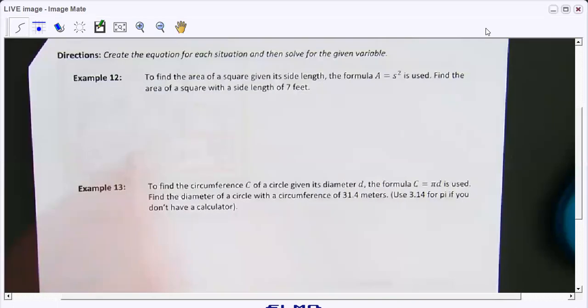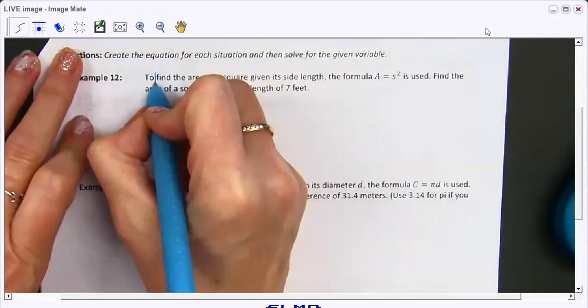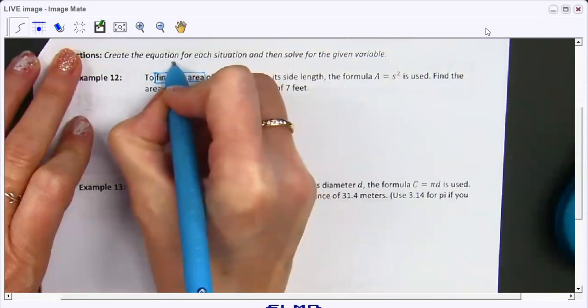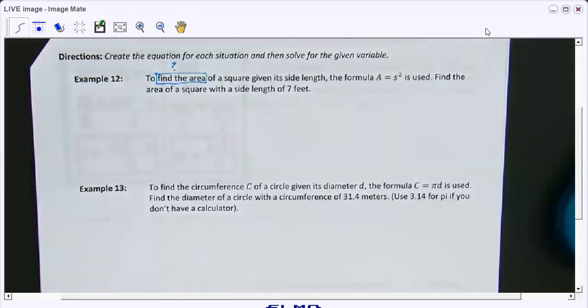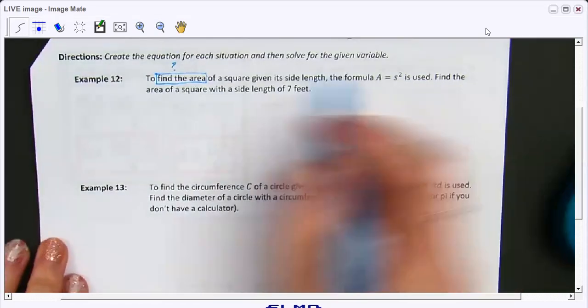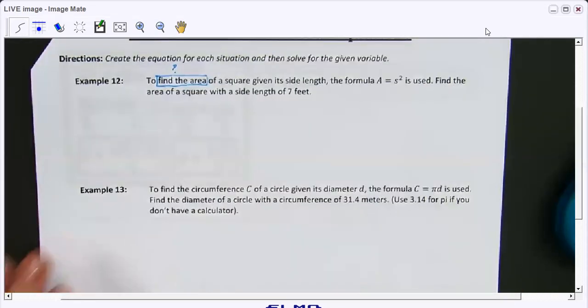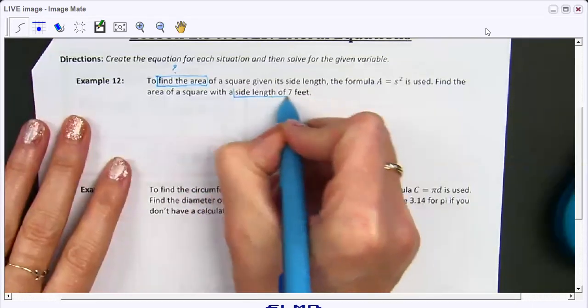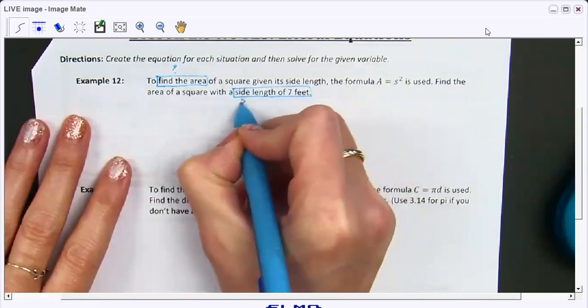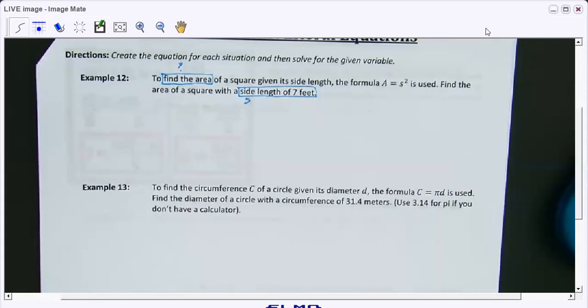To find the area of a square, given its side length, the formula A equals side squared is used. Find the area of a square with a side length of 7. So the side, S, is 7 feet.